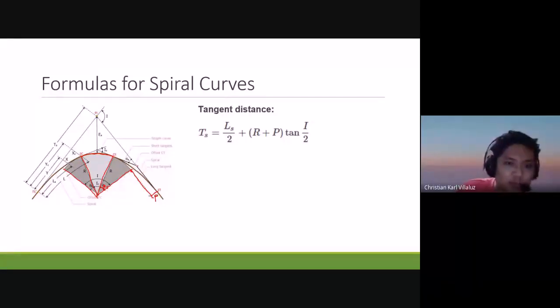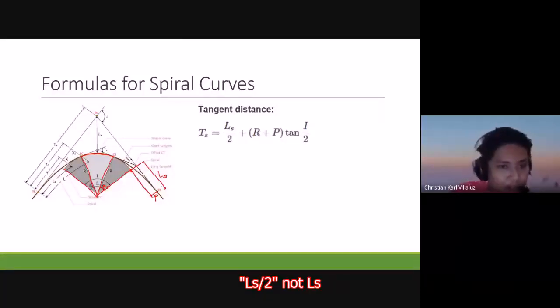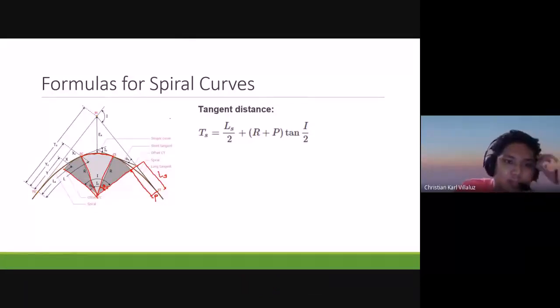And yung distance na yun, galing sa ST, is almost similar or in length with the length of spiral. Okay? That's why from that, makukompute natin, o madiderive natin ng TS. Ito yung TS. Okay? So yung TS, when we subtract LS, maging TS minus LS.